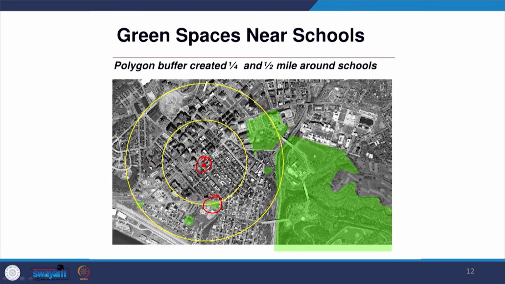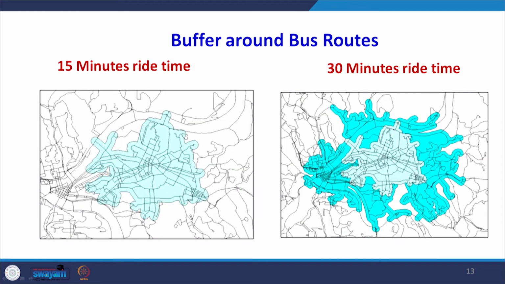We can see that there is very little green space available within a quarter of a mile distance, but there are green spaces about half a mile away from the school. These green spaces could be natural vegetation, or forested area, or some reserve park area which cannot be disturbed. So, one can identify how far away you are from those critical zones, whether this is the best site for the school or not. This kind of analysis can be carried out with the buffer.